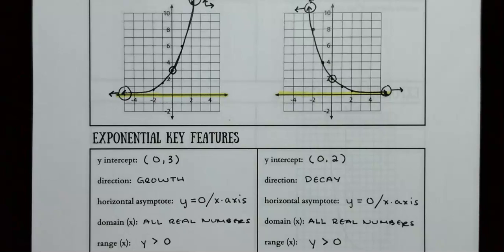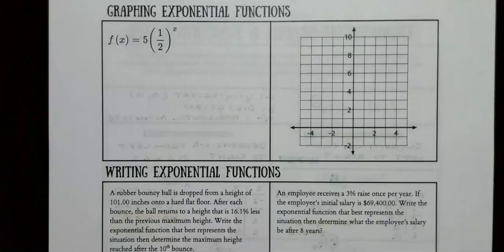All right. So let's go ahead and look at a couple more examples. Actually, we're just going to look at one more example in this video. So for this one, we are given a function, and not only are we going to identify some of the things that we need to know to graph it, we're going to create the entire graph, and then we're going to name all of those key features on this new graph.